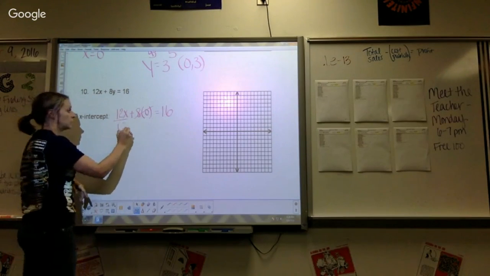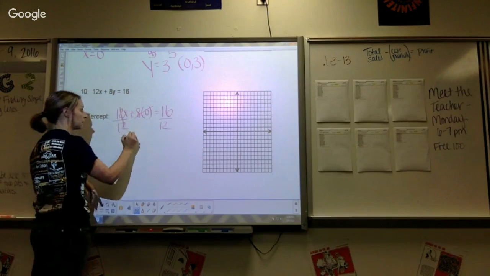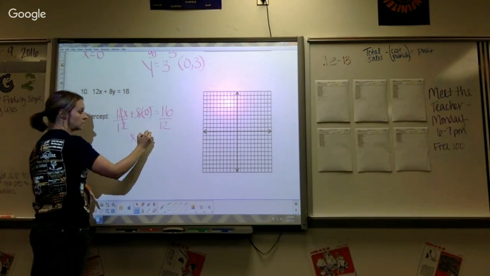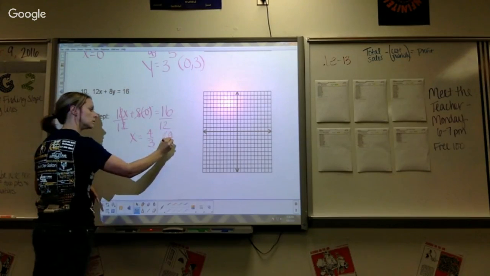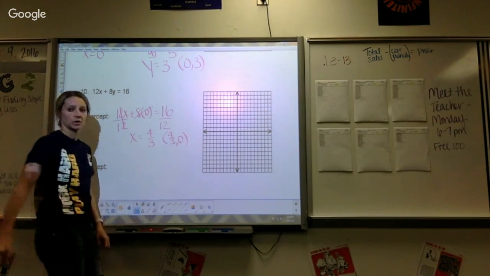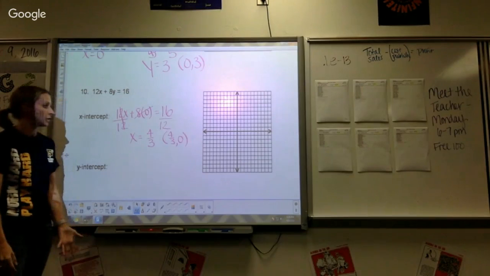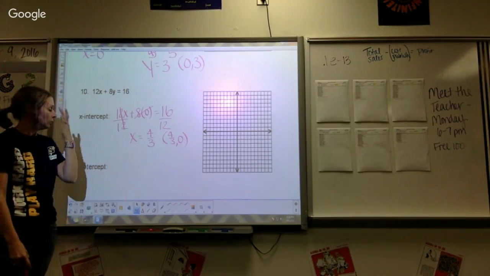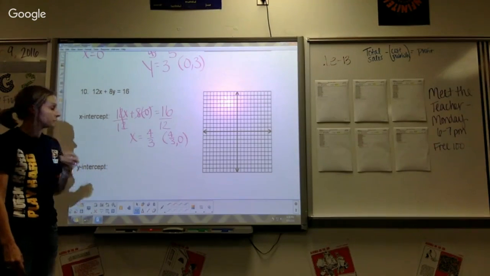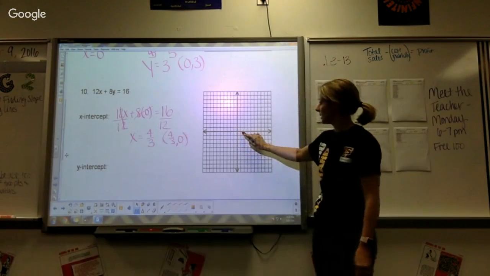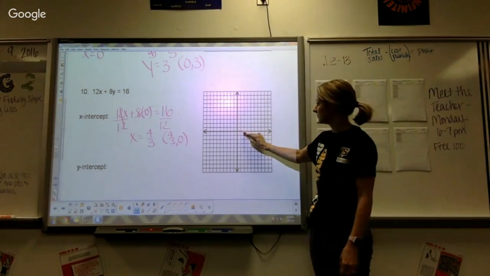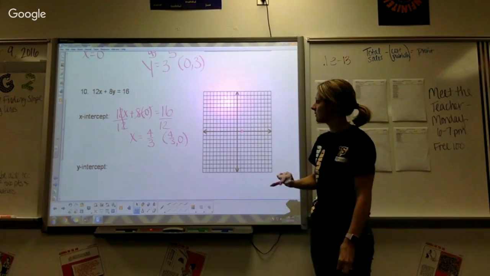Divide by 12 to find x. Reduce that to 4/3. The point would be (4/3, 0). So 4/3 in decimal is 1.3 repeating, so that would be in between 1 and 2 on the x-axis.